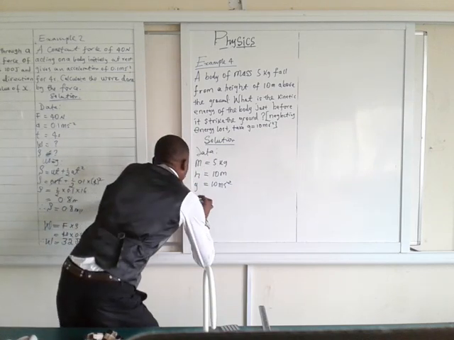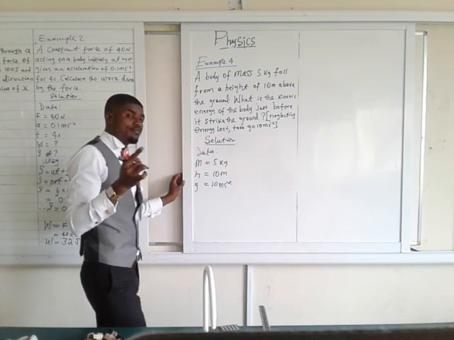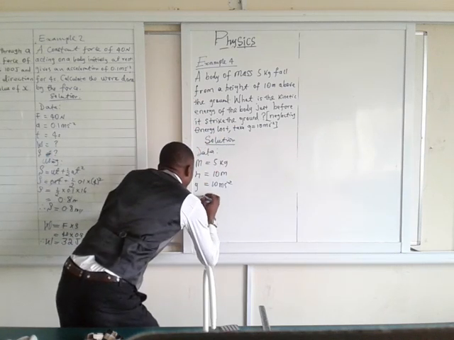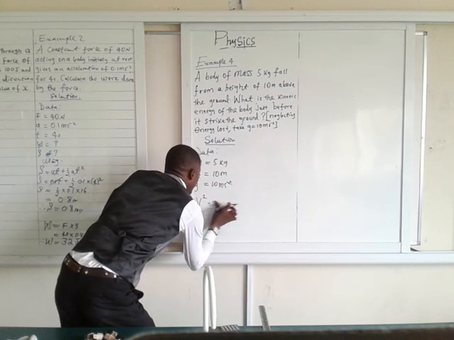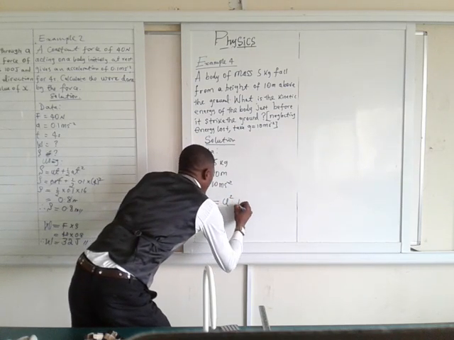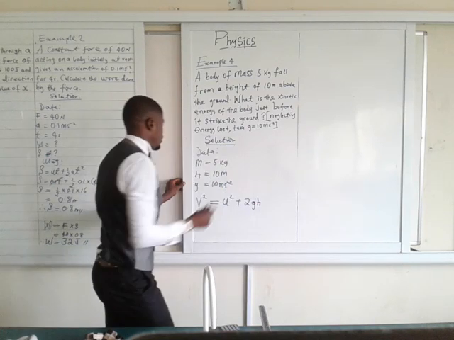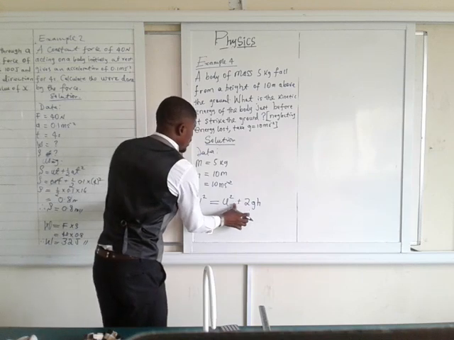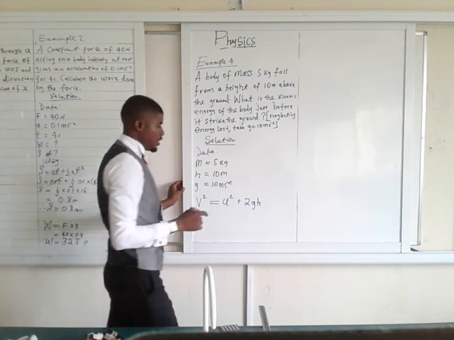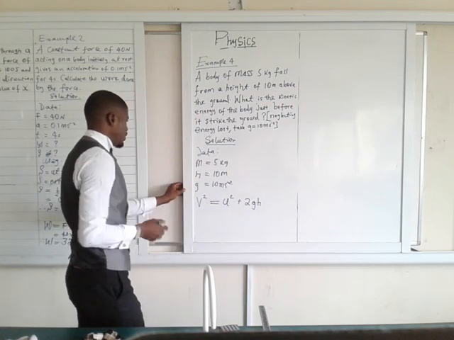From the third equation of motion, you have it that V squared equals U squared plus 2GH. This is the equation of motion under gravity. I told you the meaning of this in our previous lessons.